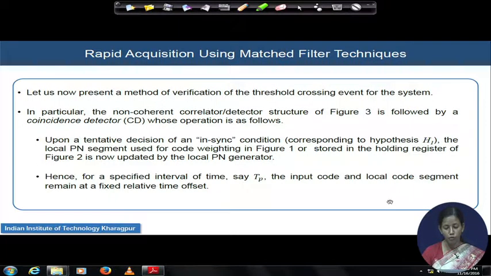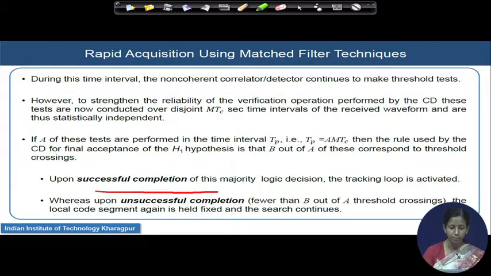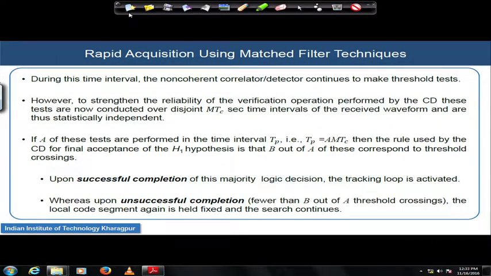Hence for that time interval we understand that the input is maintaining a fixed relative time offset with respect to the signal on hold inside the holding shift register. During this time interval, the non-coherent correlator detector continues to make threshold tests.